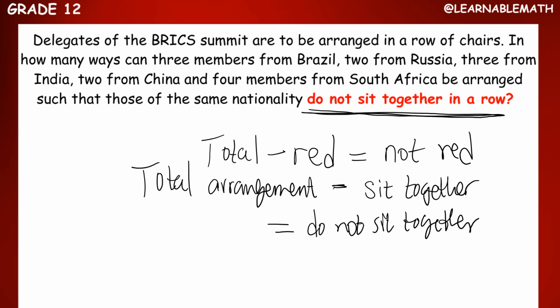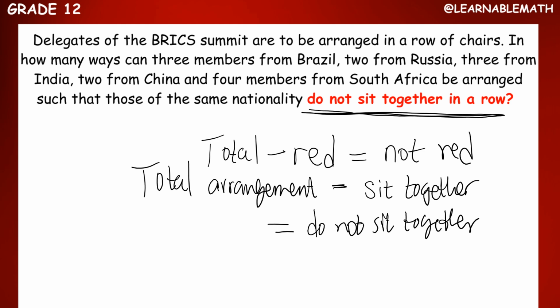Because it's going to be very hard for us to actually count using the counting principle the number of ways in which they cannot sit together, we basically use the not rule, which is like a reverse. You count the opposite. They said count how many different arrangements are possible if they're not going to sit together.